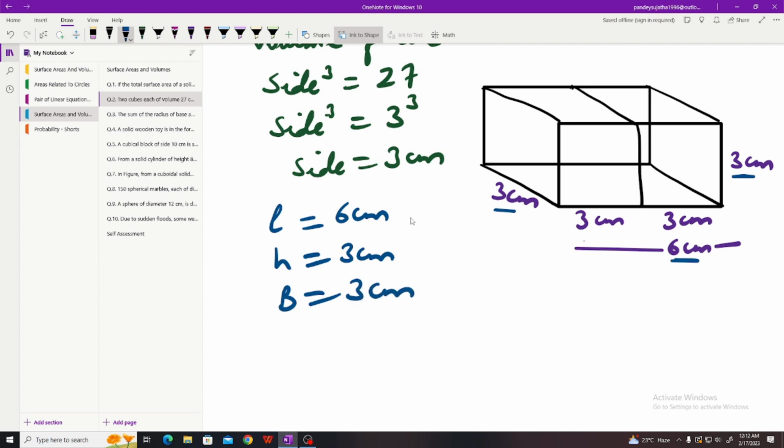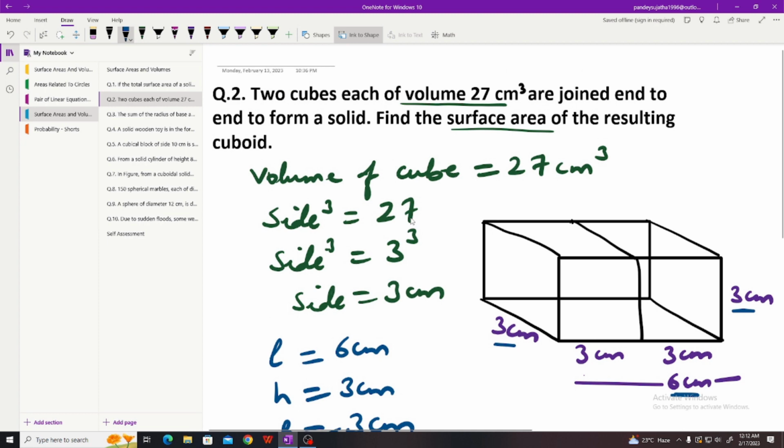So we need to find the value of surface area of the resulting cuboid.